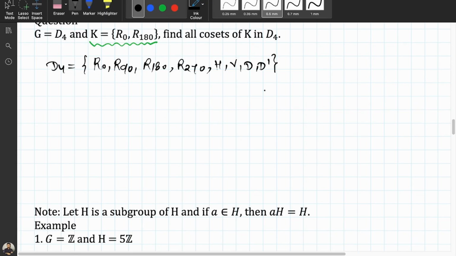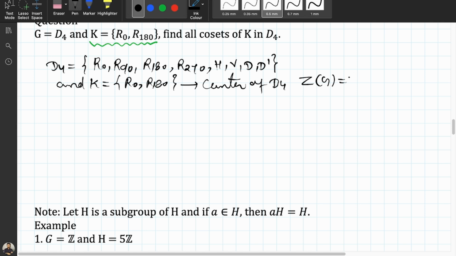Now from here, given K is R0 and R180. This is also the center of the group, the center of D4, which I have already discussed. R0 and R180 are the elements which commute with each element.